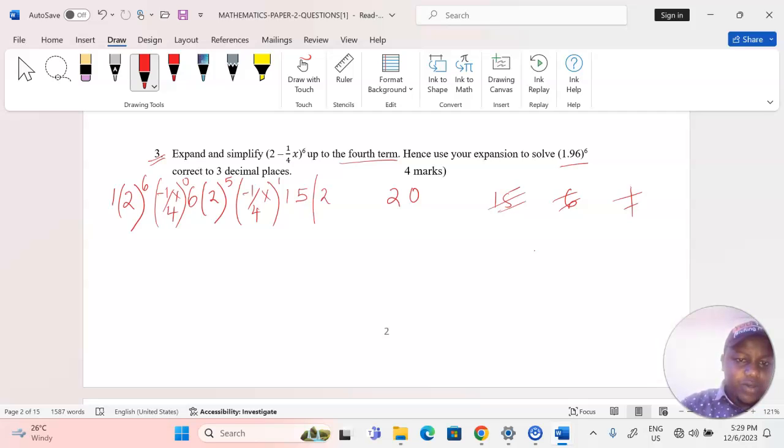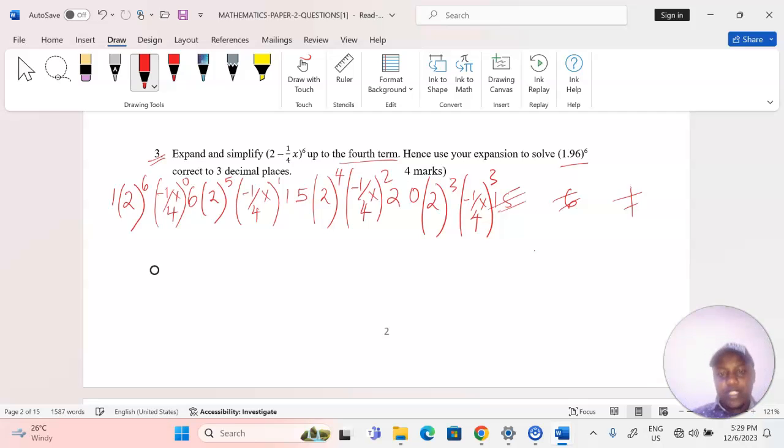Then 2 takes power 4 and negative a quarter x takes power 2. In the fourth term, we'll have 2 taking power 3 and negative a quarter x taking power 3, because the powers of negative a quarter x should be increasing as those of 2 are decreasing.